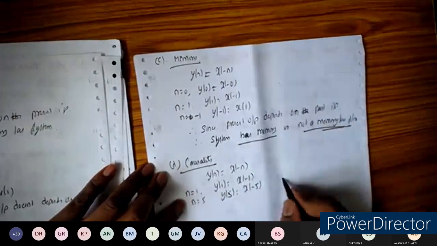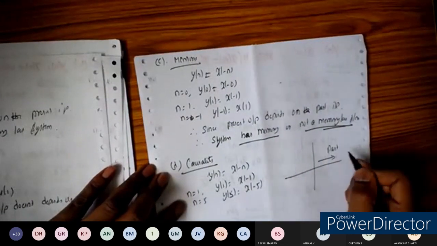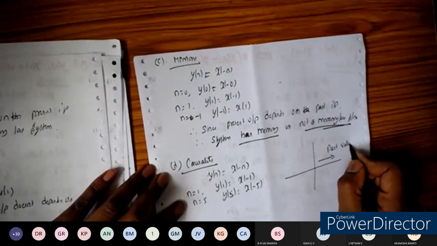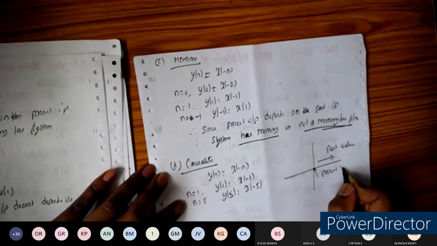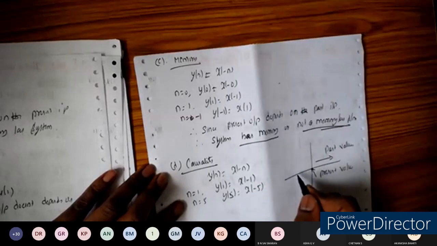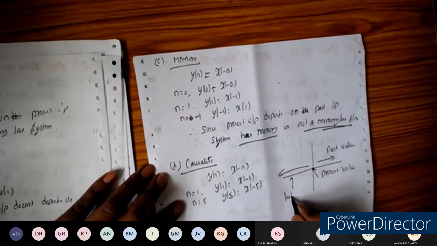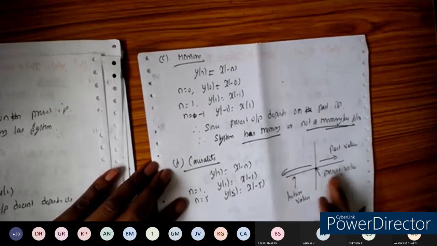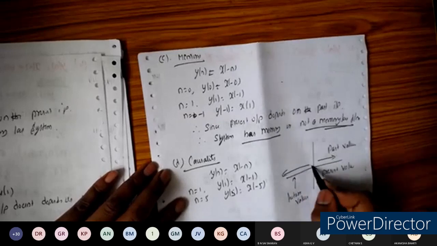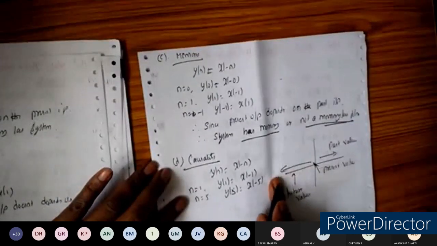Whenever it comes to the negative side, these are nothing but the past values of the input. This is exactly the present value, and these are the future values. So x of minus n means it is a future value.